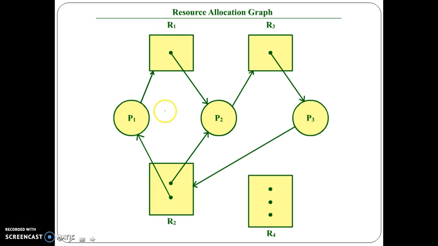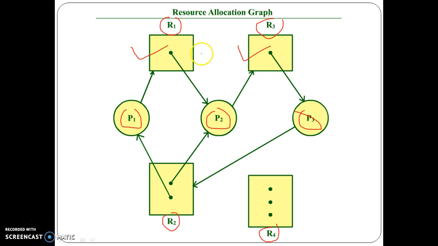You can see in this resource allocation graph, there are three processes, process P1, process P2 and process P3, as well as four shared resources among these three processes: resource R1, R2, R3 and R4. Resource R1 and resource R3 are single instance resources.